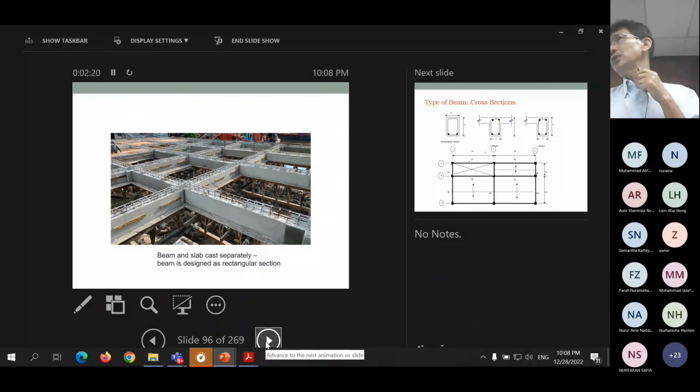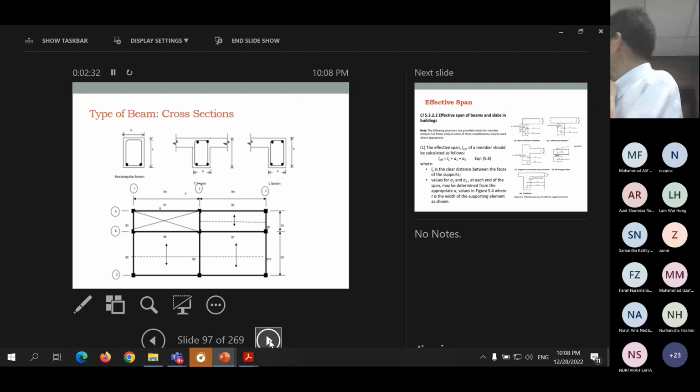So that is the consideration that we have to make. But in your design project, you have a choice. I think you can design that as a flange beam or you can design that as a rectangular beam. Depending on where the beam is, some of the beams really are rectangular shape. For example, if this is a void here, then this beam will be designed as rectangular sections.